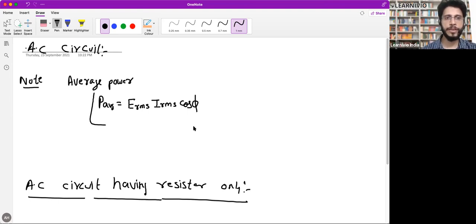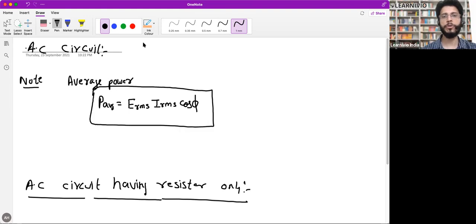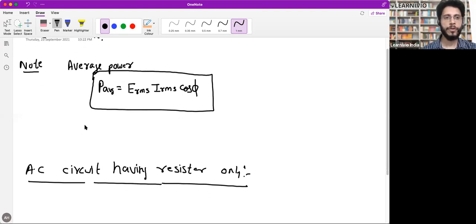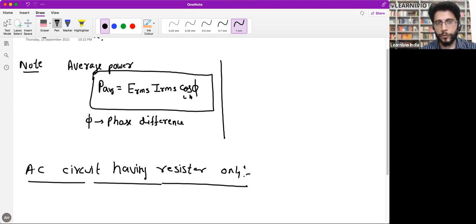This is how we calculate average power in AC: ERMS, IRMS into cos phi, where phi is the phase difference. This is how we calculate average power.